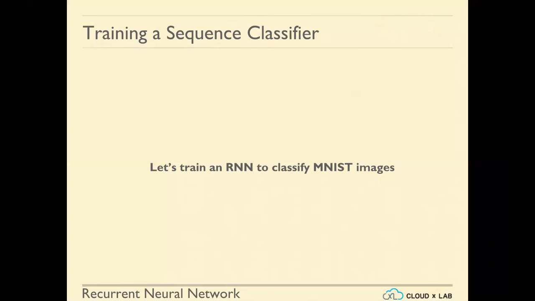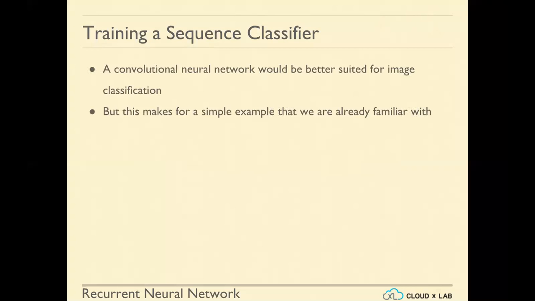All right. So let's try to train our RNN to classify MNIST images. A CNN would be better suited for image classification, but this makes for a simple example that we are already familiar with.